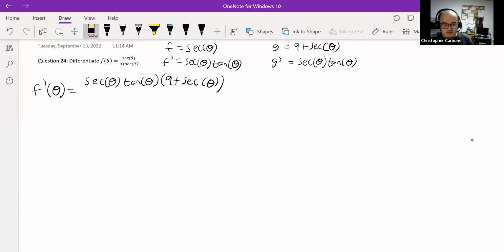Let me just fix that parenthesis. Okay. Minus the secant of theta times the secant of theta times the tangent of theta.